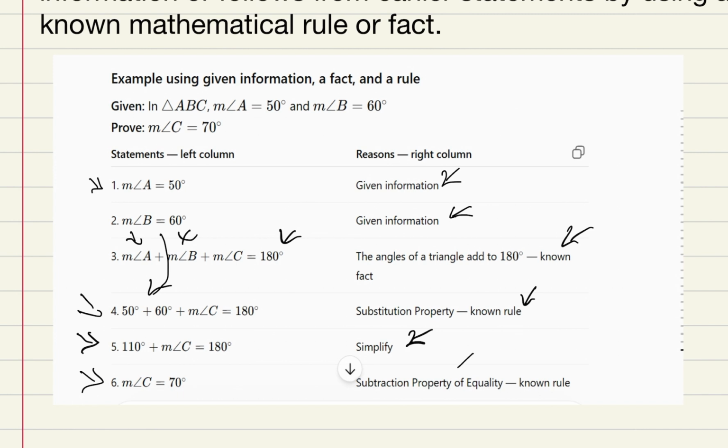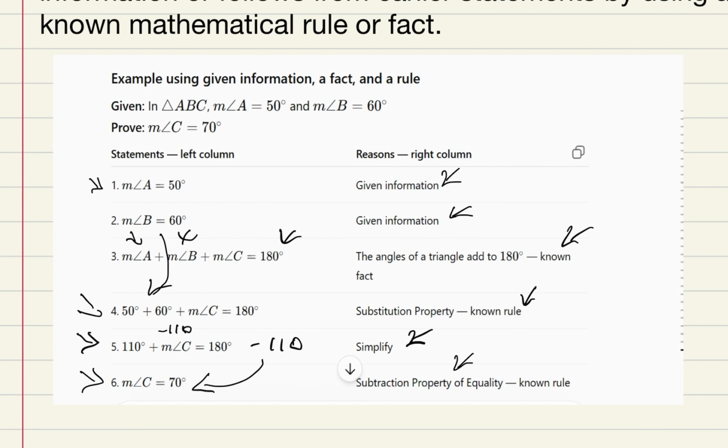So we used the subtraction property of equality. So this is another known rule based on prior steps. We subtracted 110 from both sides, and that's what gave us 70 degrees. So we use the subtraction property.